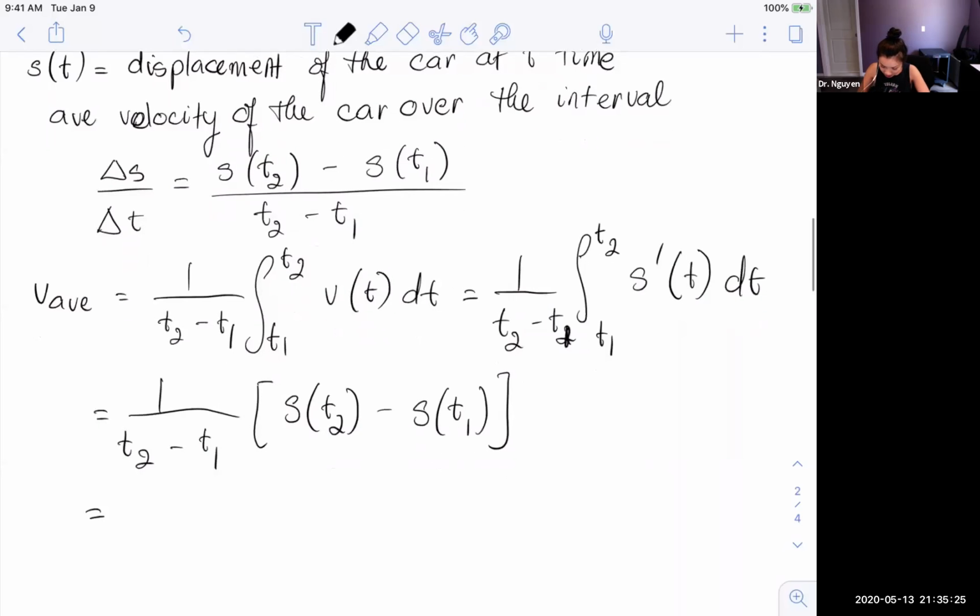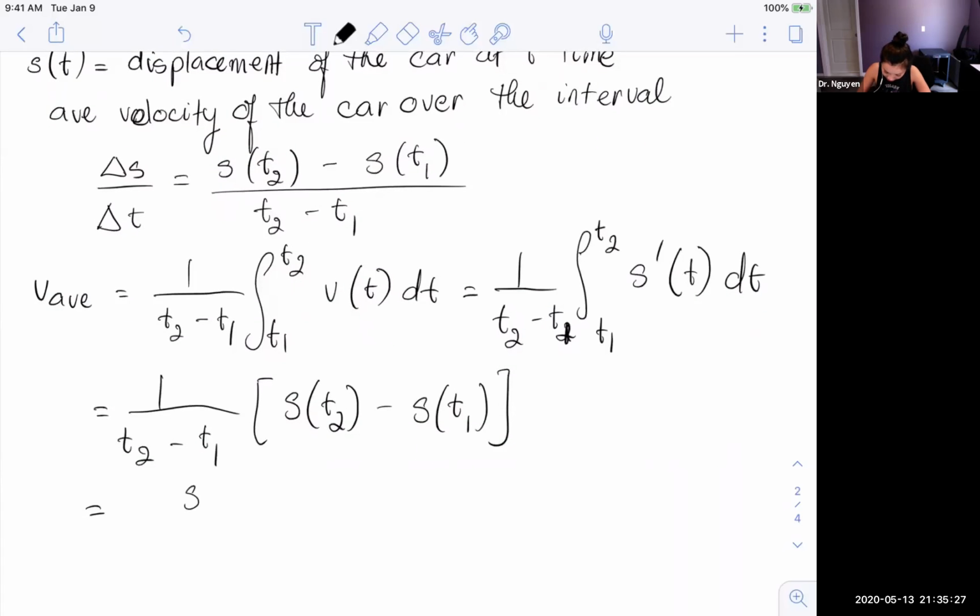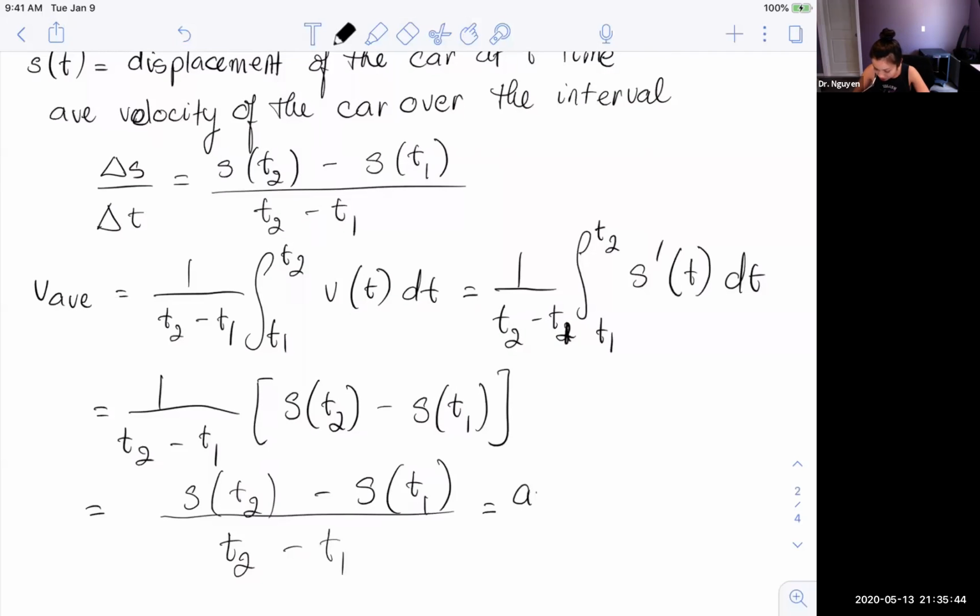So if I rewrite, this is exactly s of t2 minus s of t1 over t2 minus t1. And there we have it. We have the average velocity.